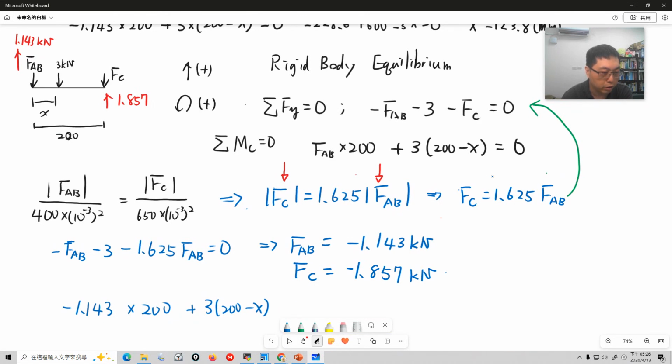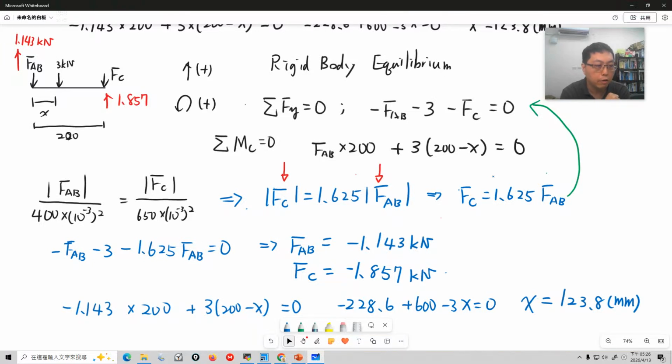Let's see what the answer is. I think it's minus 228.6 plus 600 minus 3x equal to 0. We still get the same answer. The answer is 123.8 and the unit is millimeter.